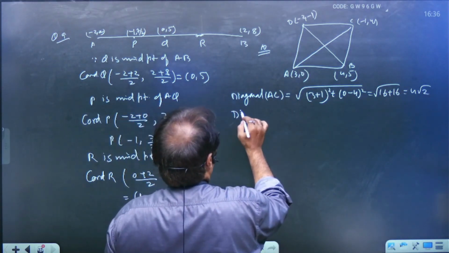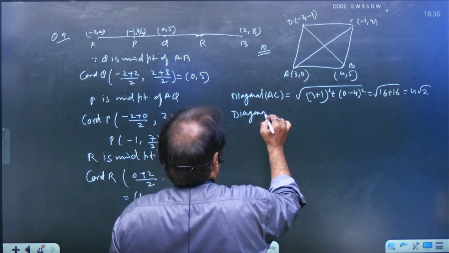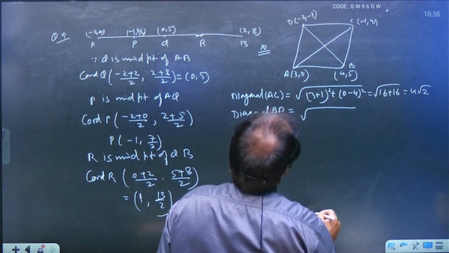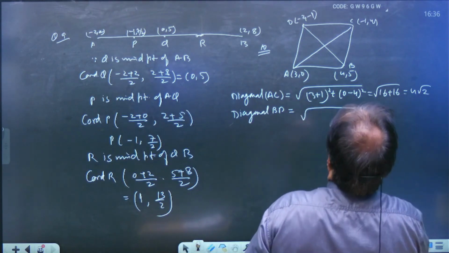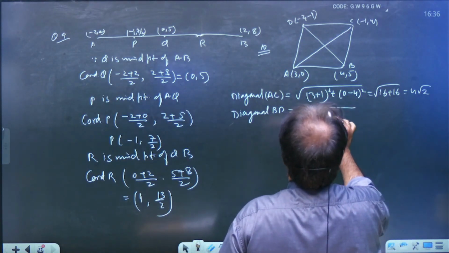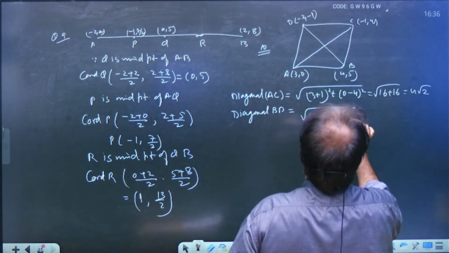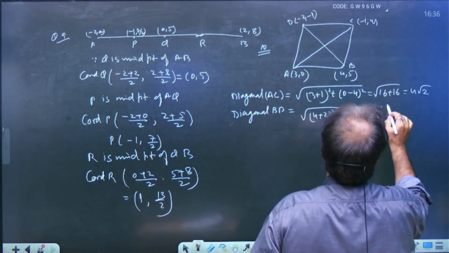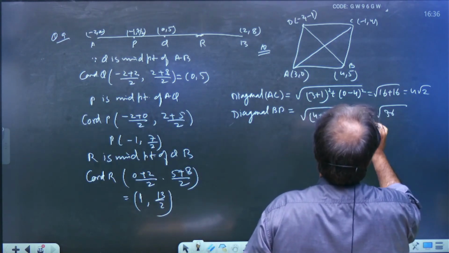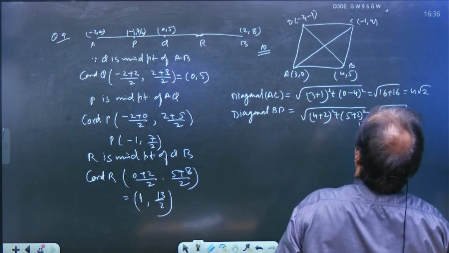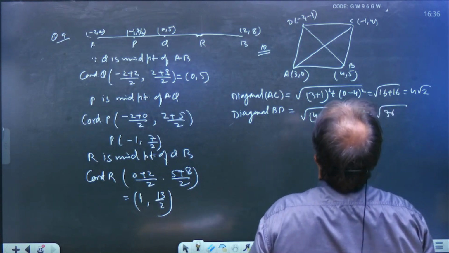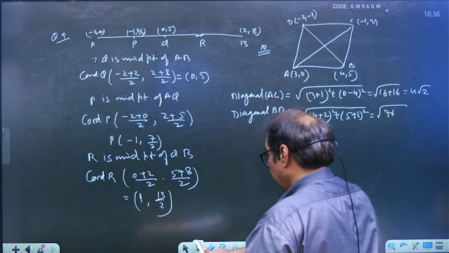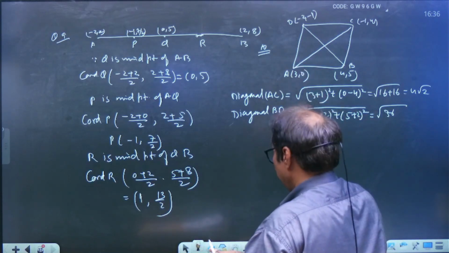And now find the diagonal BD by applying the distance formula, that is 4 plus 2 whole square, right, and 5 plus 1 whole square. So 4 plus 2 is 6, that is 36, and sorry, it is minus 2, minus 1.